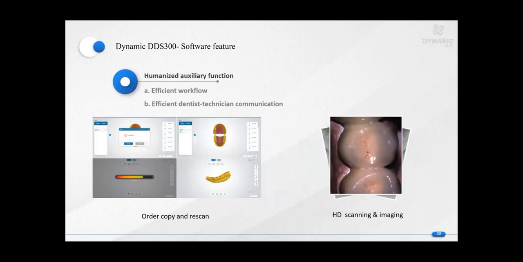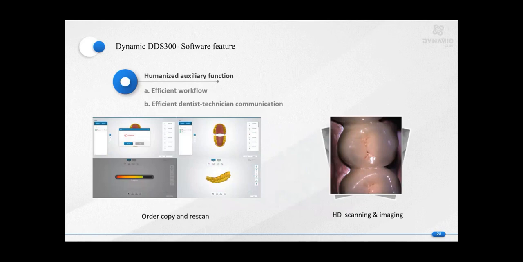The second is the order copy and rescan function. Yeah, it's very useful. Many times, some patients are treated more than once, maybe 3 or 5 times, so the teeth are different each time.